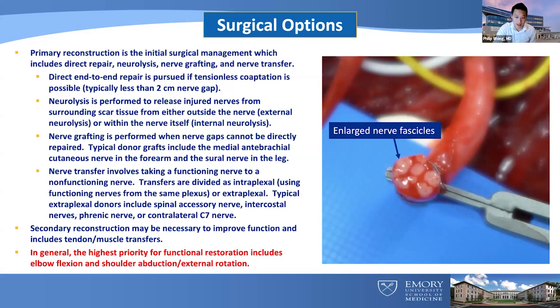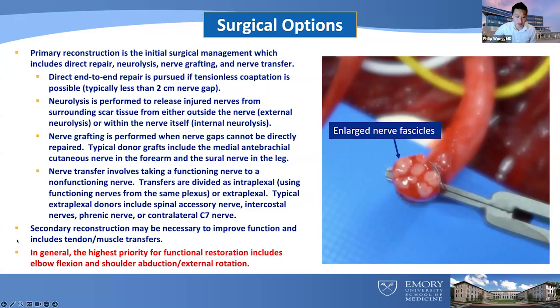Some folks might take the C7 nerve from the good side and wrap that around to go to the bad brachial plexus, which is pretty amazing. And then secondary reconstruction may be necessary to improve function, which includes tendon or muscle transfers.